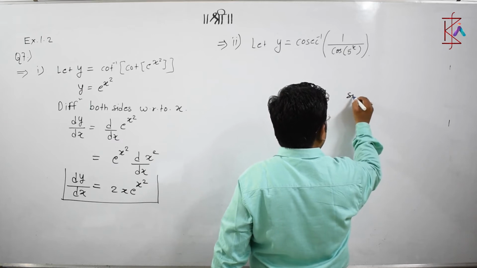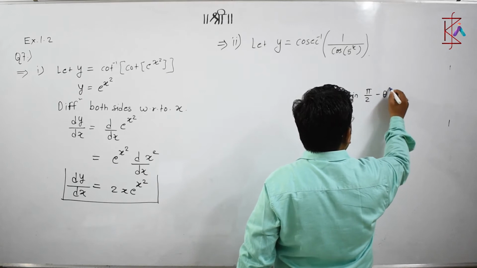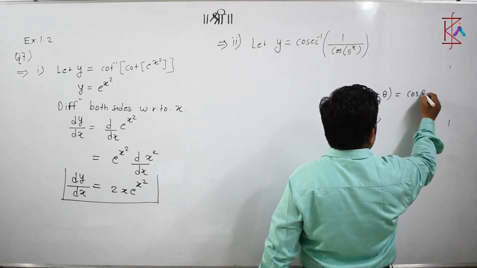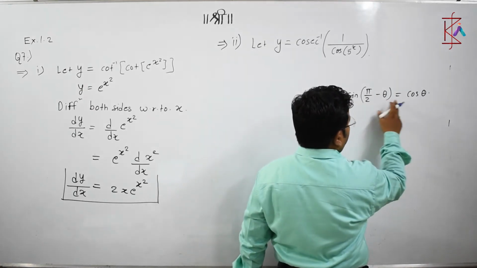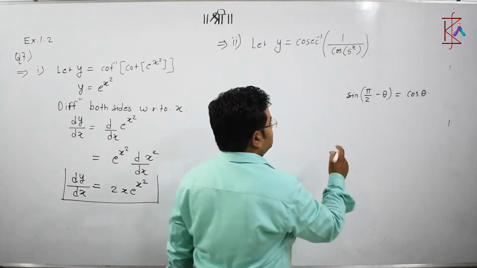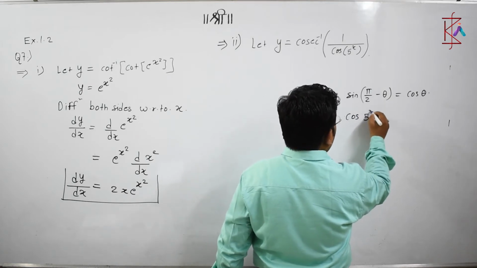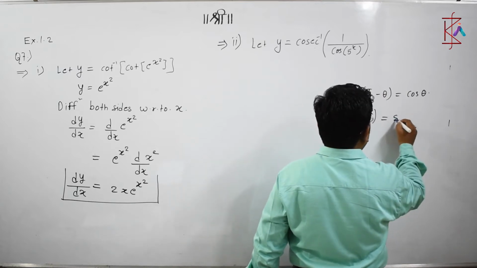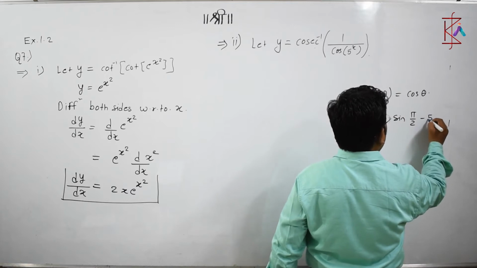So sine of pi by 2 minus theta is equal to cos theta. Most importantly, sine of pi by 2 minus theta is equal to cos theta. We know this formula. If cos theta is given, so cos of 5 raised to x should be sine of pi by 2 minus 5 raised to x.